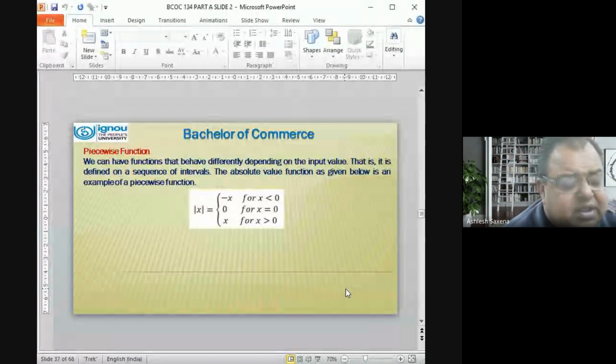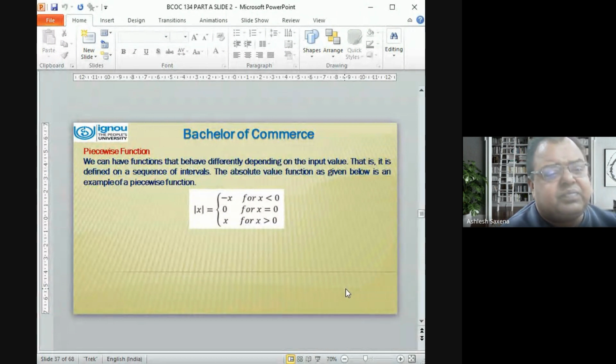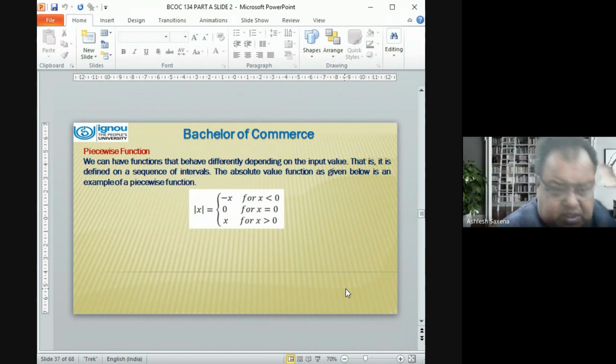Now you see, if x is less than 0, the function value will be multiplied by minus 1, so it will be minus x. Then at x equal to 0, the function value will be 0, and the function value will be equal to x at all values greater than 0.